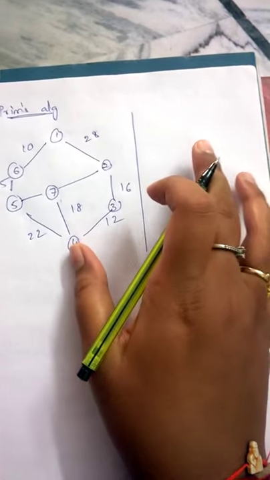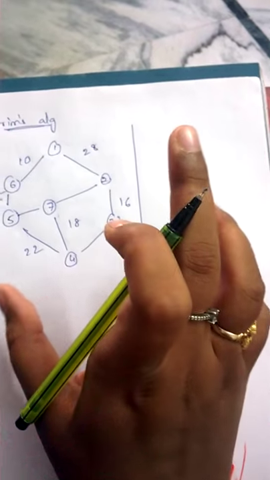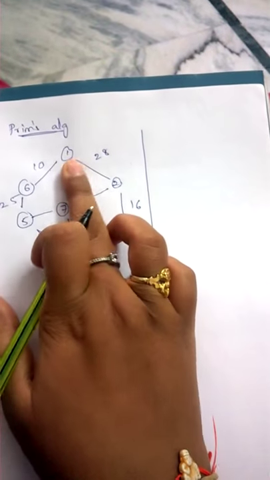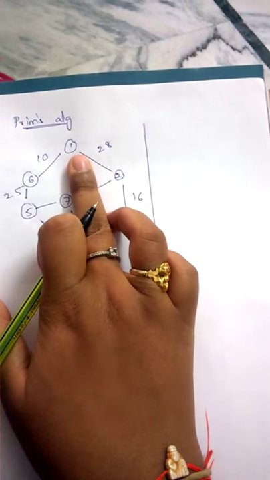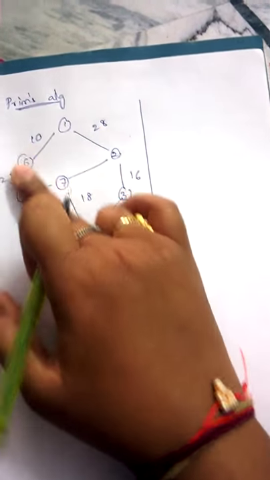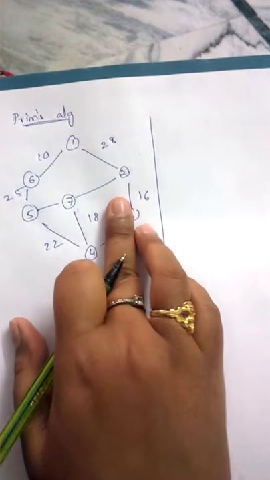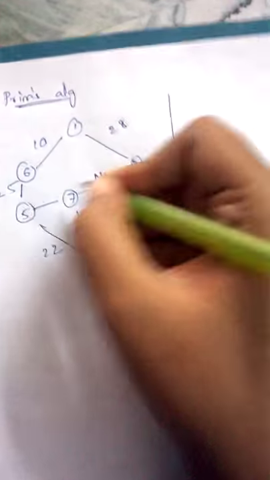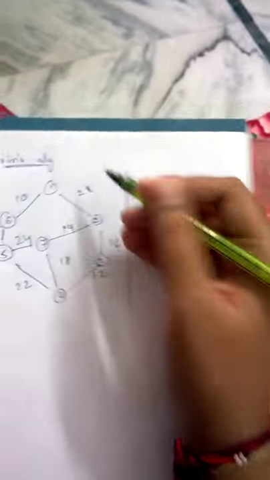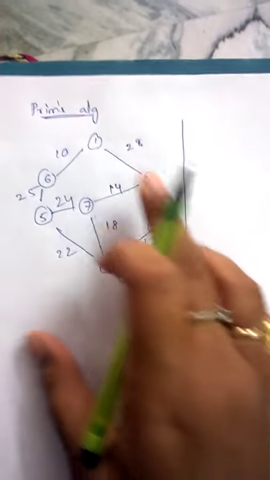In Prim's algorithm you have to consider the path from 1, and you should draw all the edges without forming cycles. I will explain how.